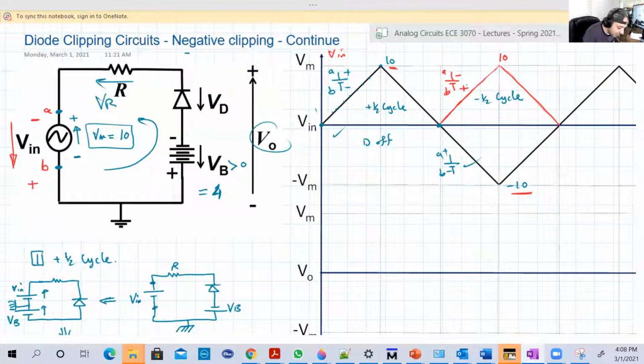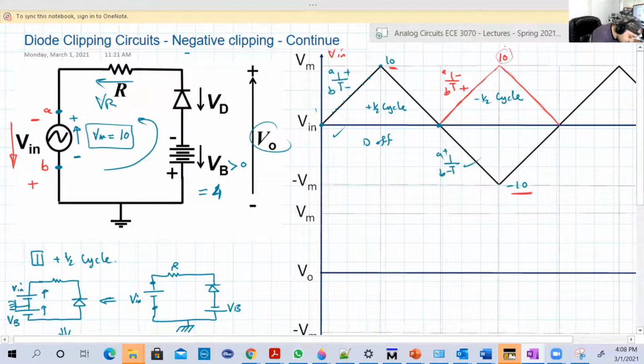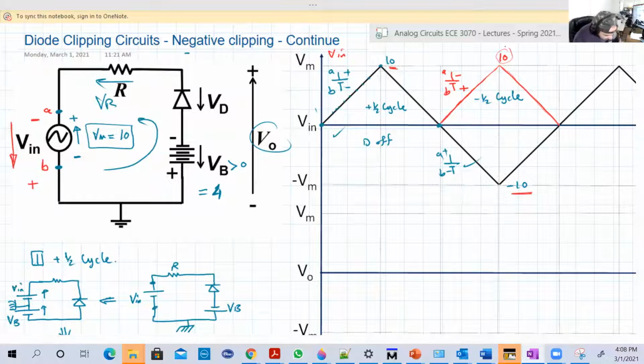Now, when we say the input is 10 in what was previously the negative half cycle, that means B is greater than A by 10. If you want to consider the black one, you say that A is greater than B by minus 10. And you should consider the opposite way in the direction of the voltage.